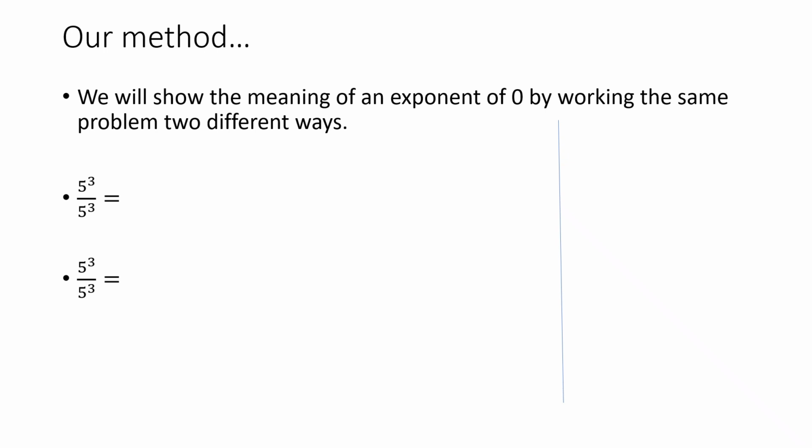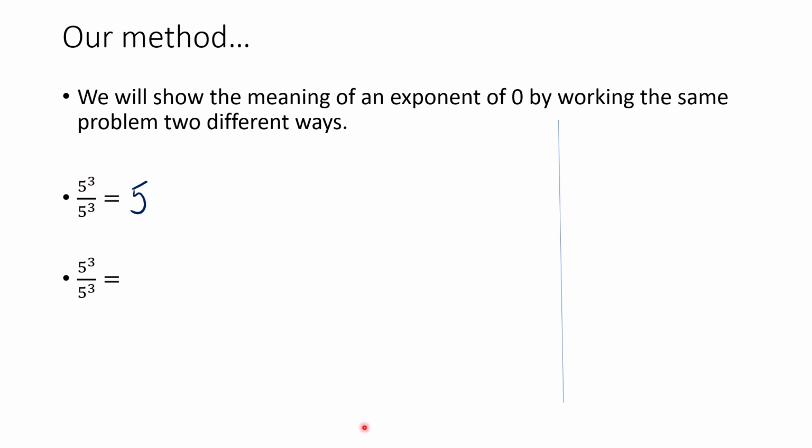So one way that we can do this is to use the laws of exponents, and it's important that we've already covered when to subtract exponents at this point, because that's what we're going to invoke here. We know from our previous study of exponents that if we are dividing the same base, we can subtract exponents.